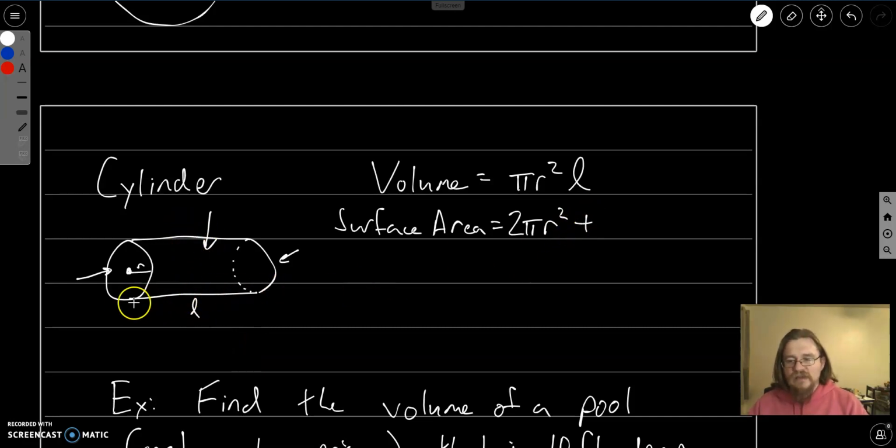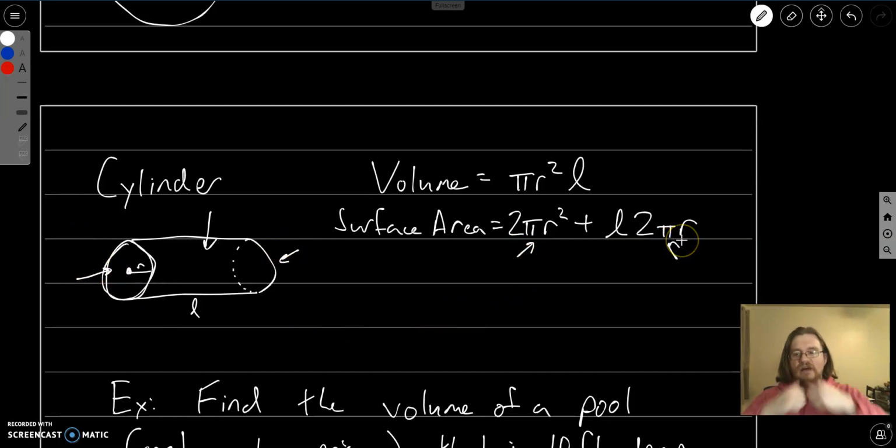Well, we have the length of the rectangle, L, and then how long is it? Well, we need the distance around the circle. So the distance around a circle is the perimeter, and that's going to be 2 pi r. This is the area of both of the circles on the ends, and this is going to be the area of the unrolled rectangle in the middle.